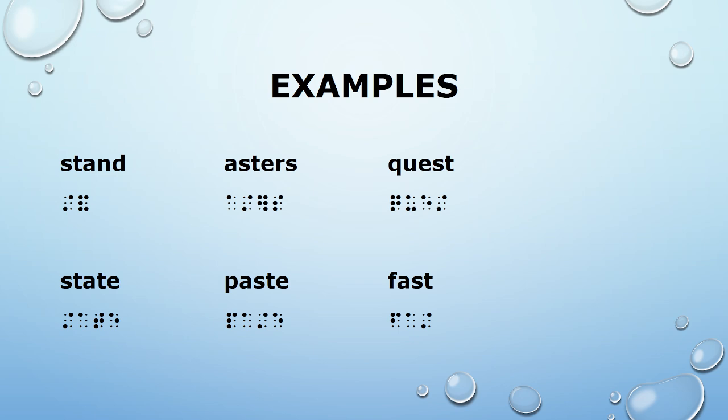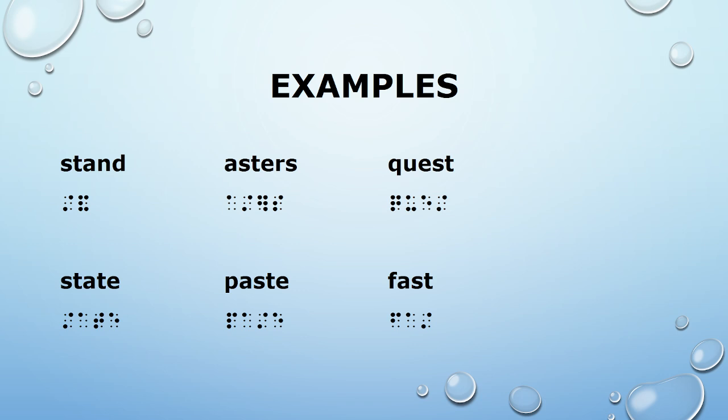So instead of having to use 5 cells, with the contractions for ST and END, we're now only making use of 2 cells. That's how we're able to save cells, or save space, both in writing and also in reading.